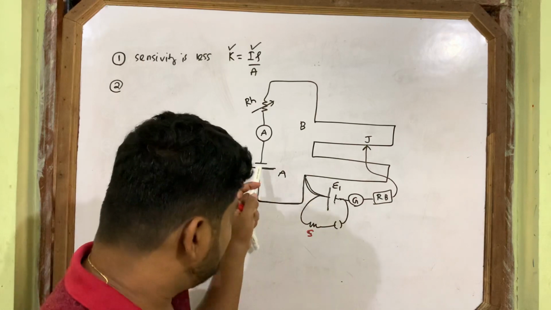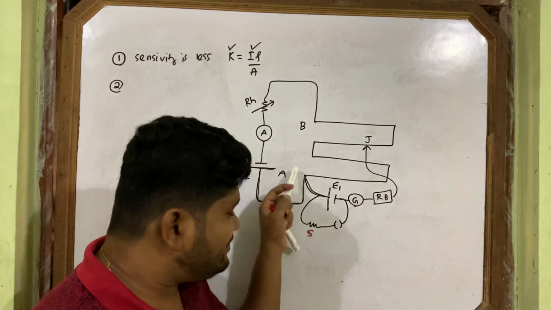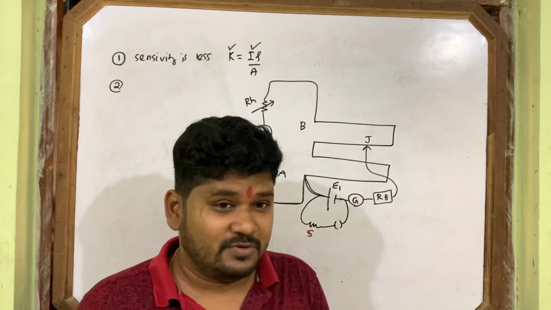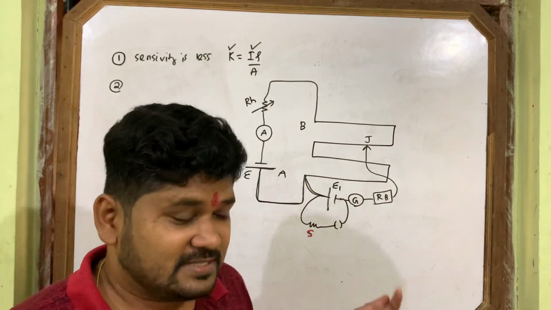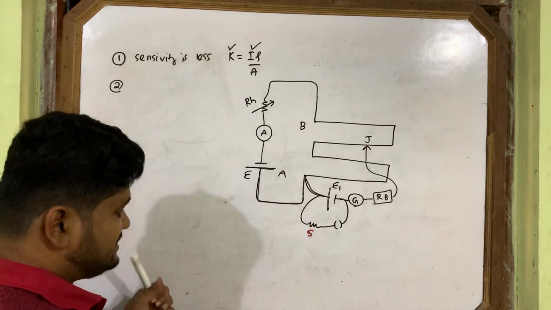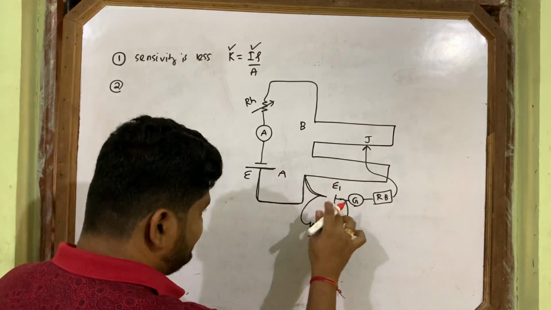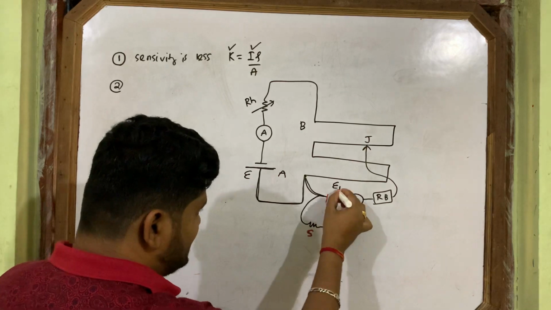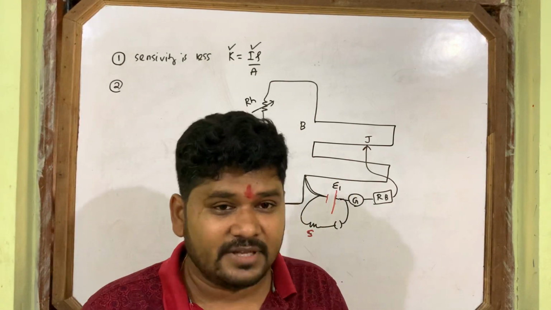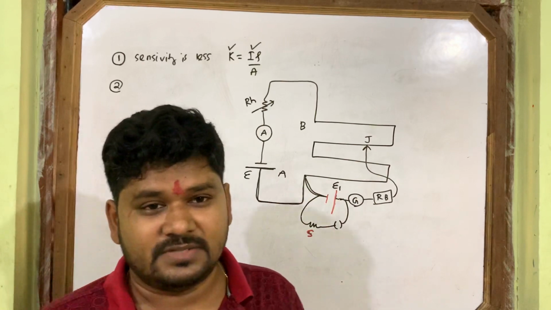But suppose you don't know the circuit, and you connect the positive of the driver cell with the negative of the experimental cell. Then what happens here?